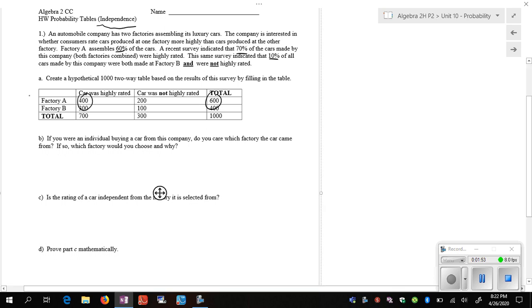If I designate these with letters, I call this A and this B and this H for highly rated and not H. We use that squiggle symbol as not H. So the probability that a car is highly rated, given that it's made at factory A, is 400 out of 600, which if we reduce that is 2/3 or 66.6 repeating percent.